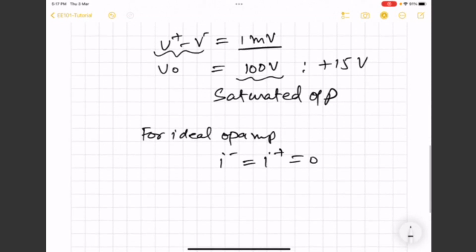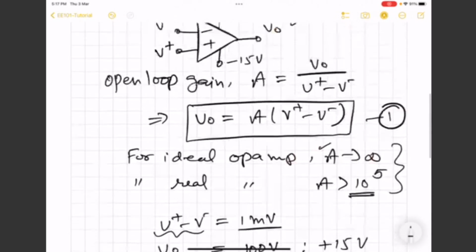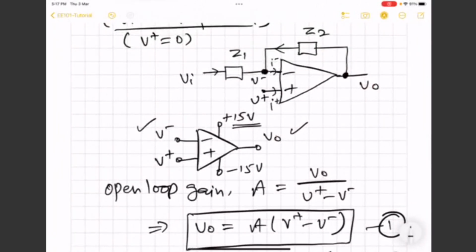And this is equivalent to saying that Z in, the input impedance, is infinite. So input impedance is infinite, there is no current entering the op-amp. So it is under this condition that we will try to find the relation between V plus and V minus, and then try to see what happens.